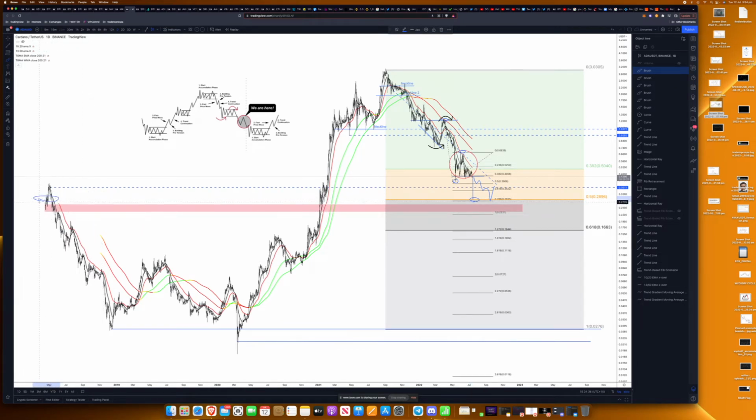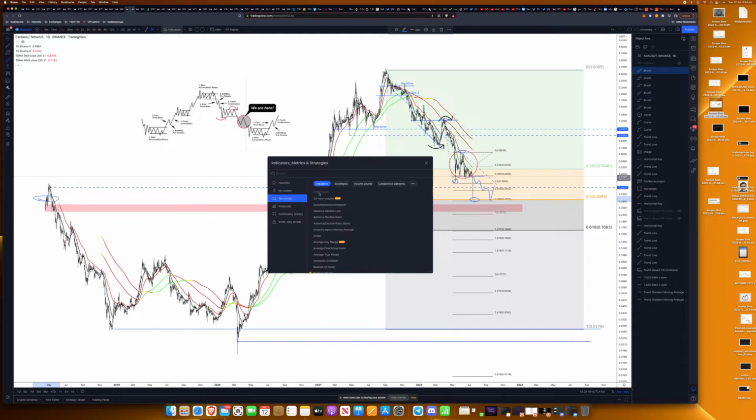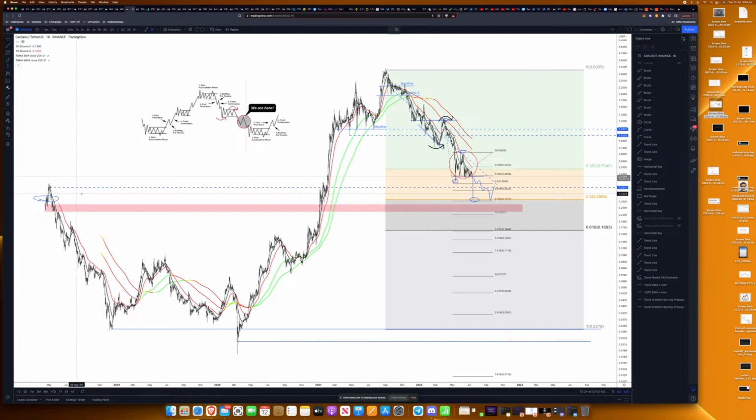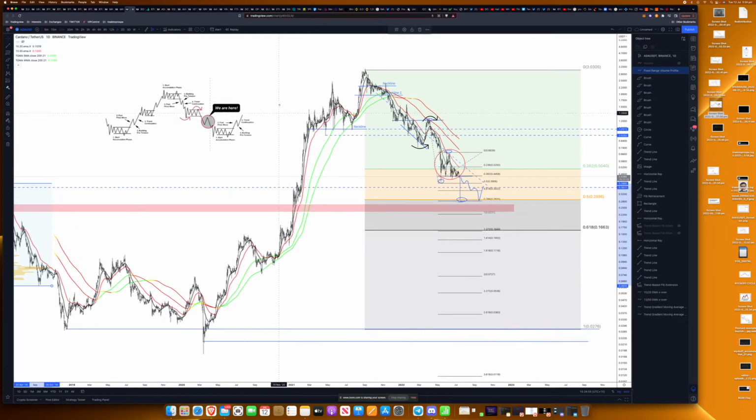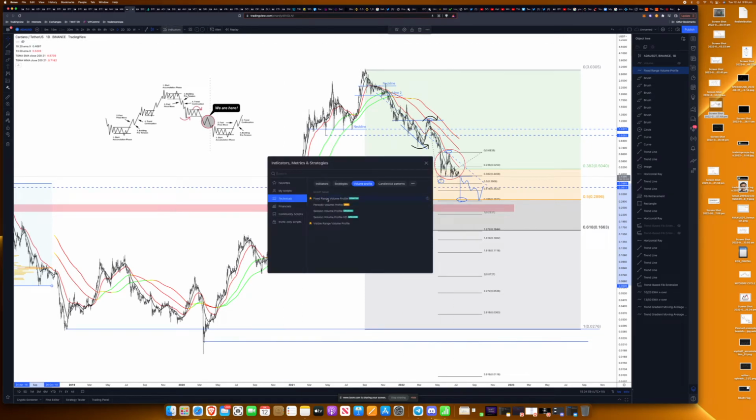So if we were to apply our indicator with volume, let's just apply this and see what it gives us. Doesn't really give us much there except all the way down. So let's apply it to here. I just want to see the point of control.